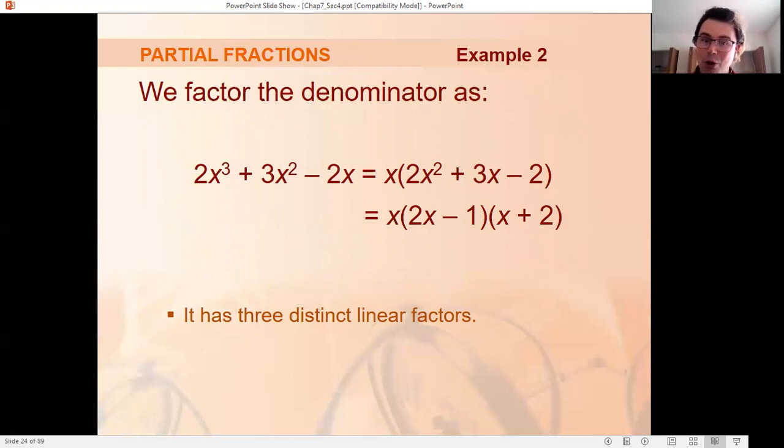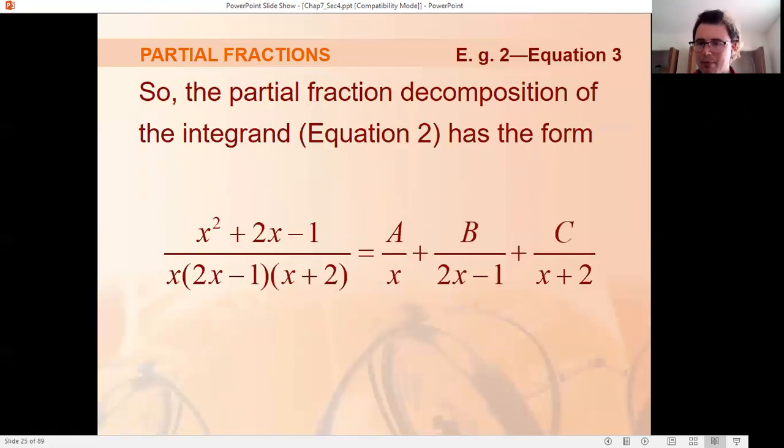Remember, we're going to take my rational function and break it into 3 pieces. Each one of those separate pieces will have one of these factors as its denominator. So that's going to look like this.